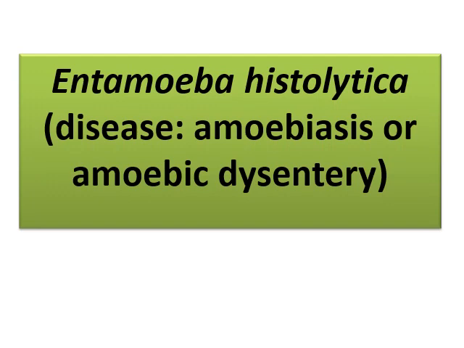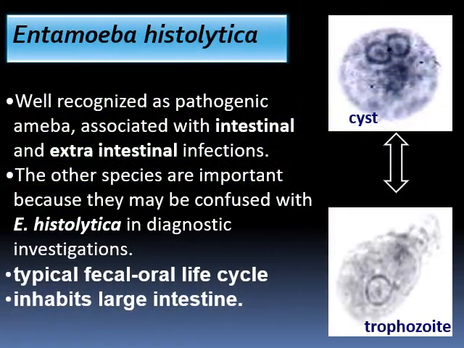We will start with Entamoeba histolytica, which causes the disease amoebiasis, or amoebic dysentery, or bloody diarrhea. Entamoeba histolytica is recognized as a pathogenic amoeba associated with intestinal and extra-intestinal infection.